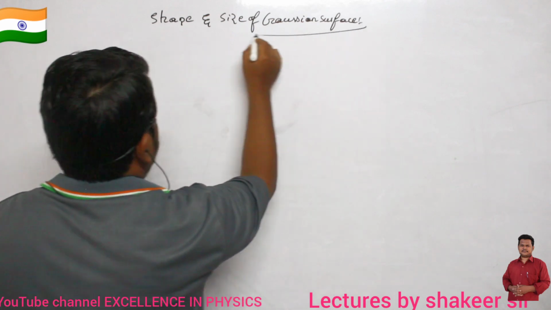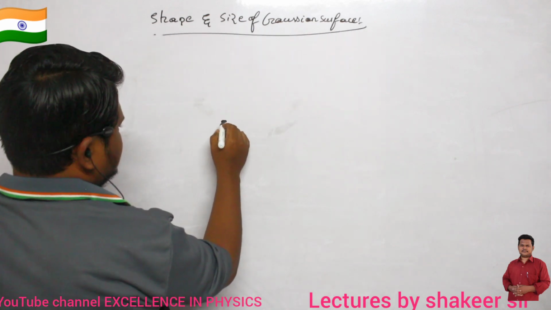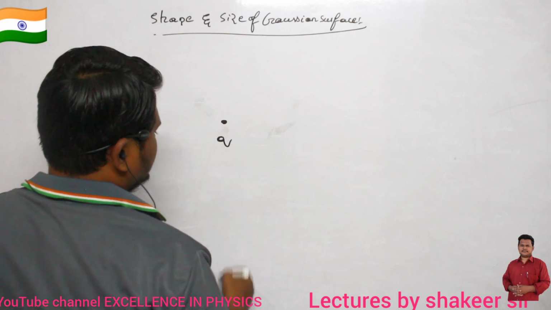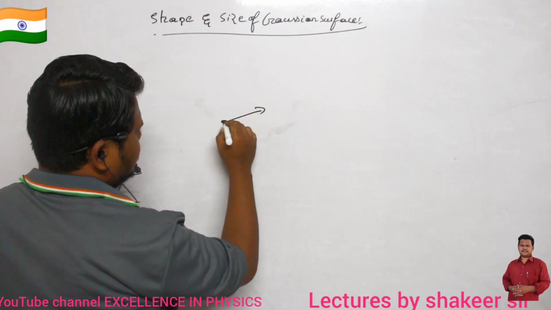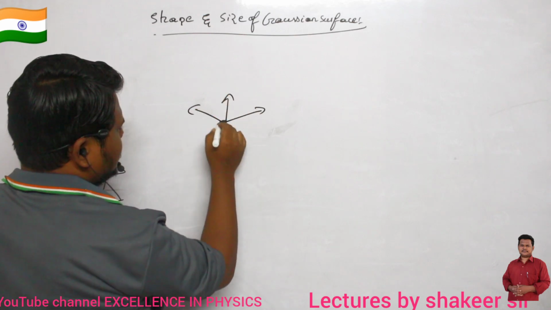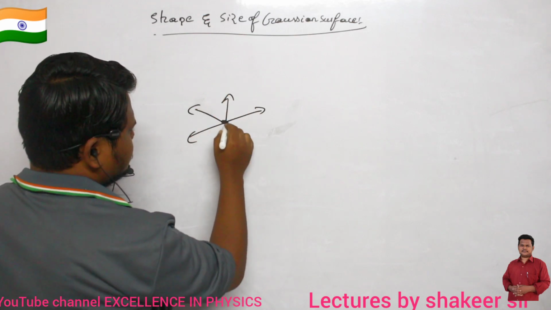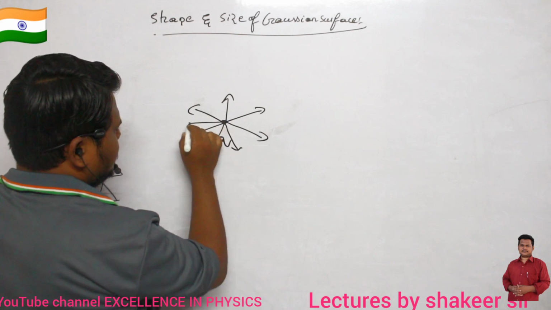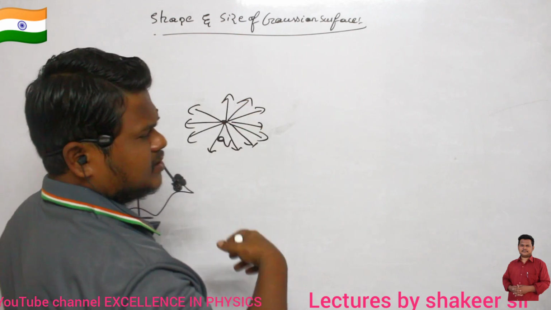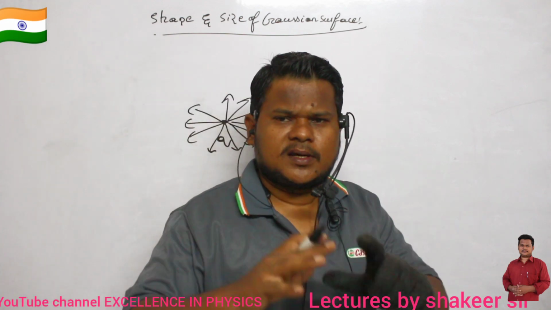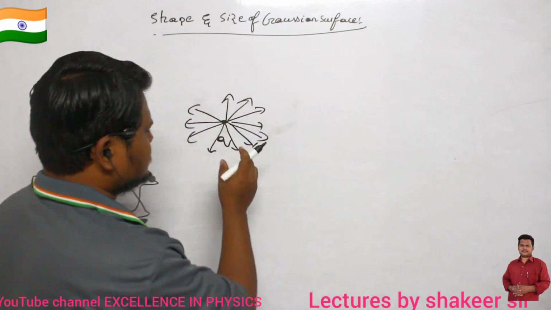Okay. See, consider this is a charge Q. Out of this charge, flux lines, that is electric lines of force, will be coming out in every direction. They will be coming out in every possible direction. In total 360-degree direction, in total 3-dimensional space, electric lines will be coming out of this charge.